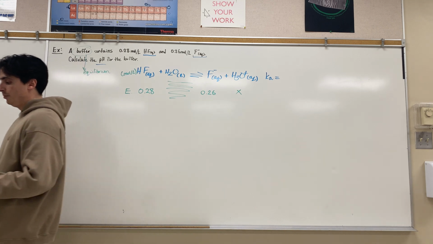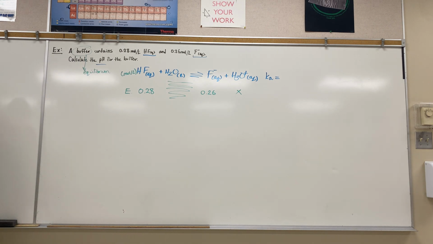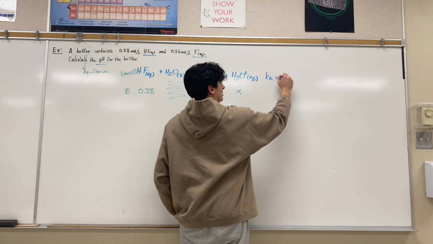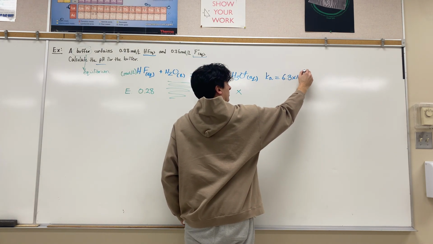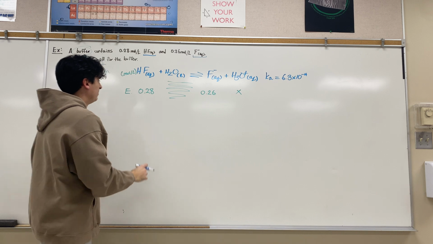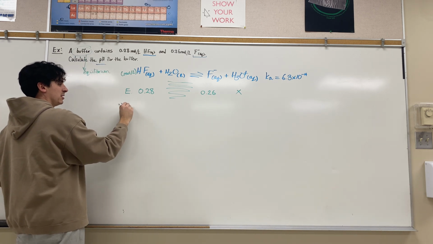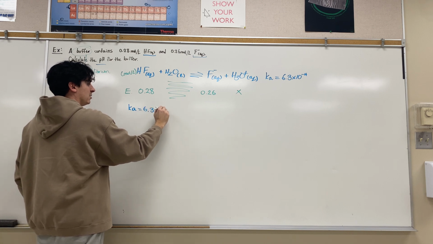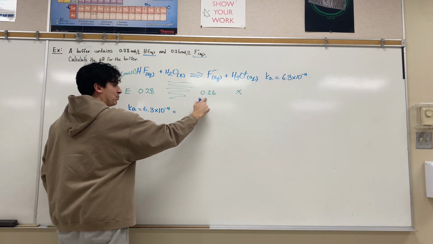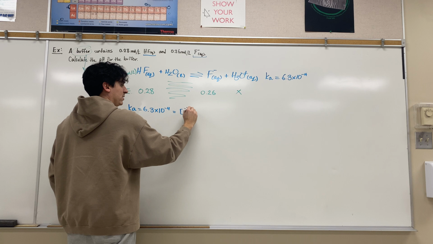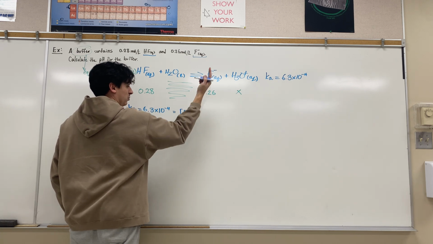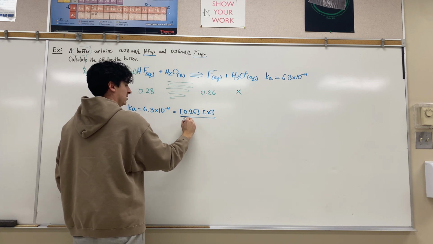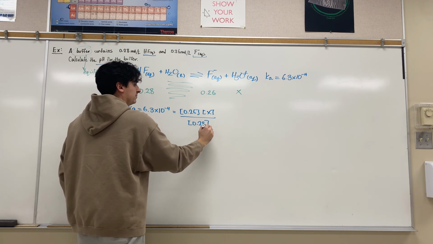If I look at my data booklet for the HF Ka, got it right there, 6.3 times 10 to the negative 4. When we write our Ka expression, you're going to get 6.3 times 10 to the negative 4 equal to your products, which is 0.26 to the power of 1 times x, all divided by 0.28.